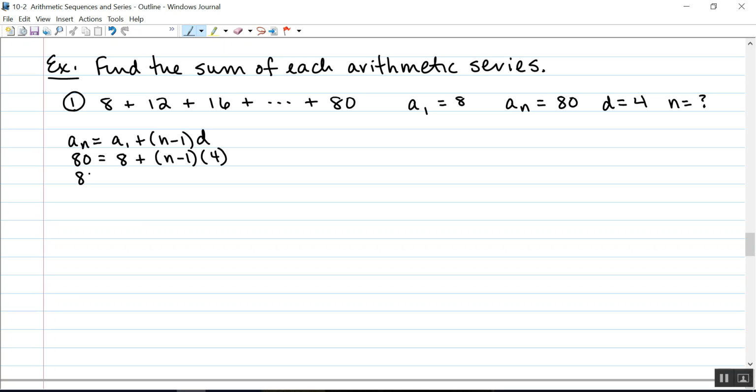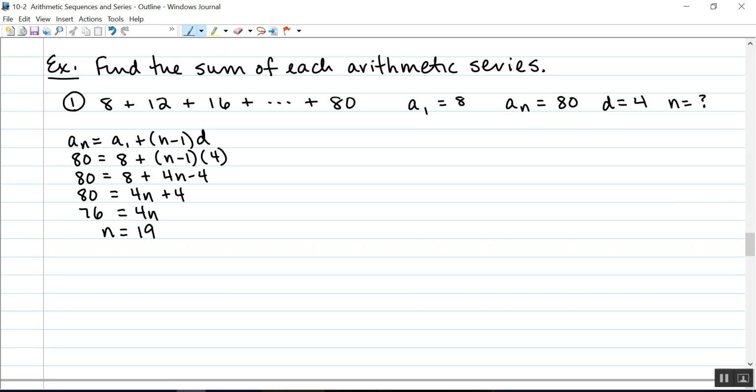So let's go ahead and simplify that. Let's solve that for n. 8 plus, and now distribute this 4n minus 4, and that's going to give me 80 equals 4n plus 4. Subtracting 4 on each side, and then dividing both sides by 4 gives me n equals 19.